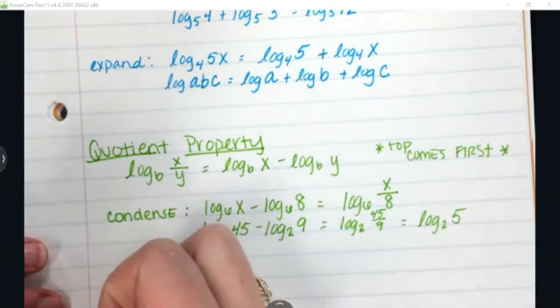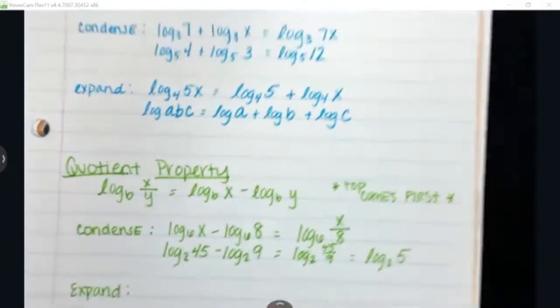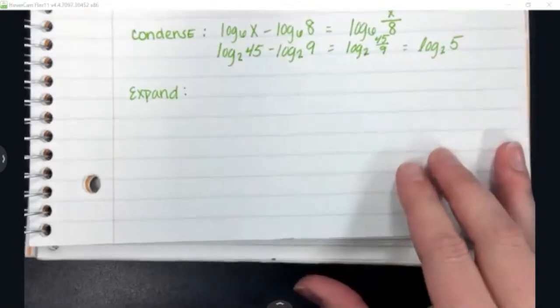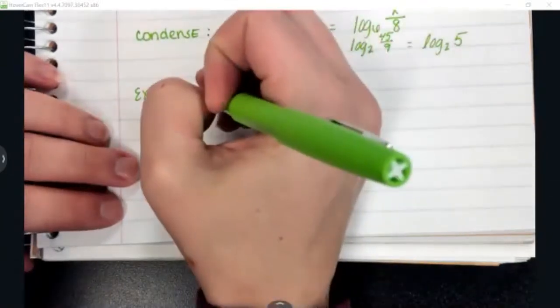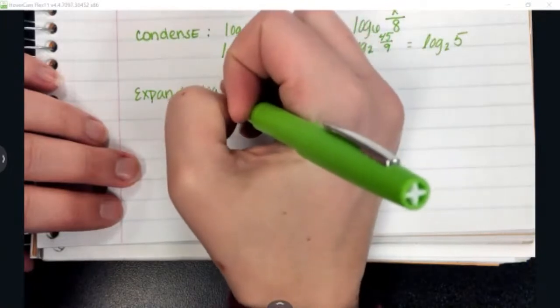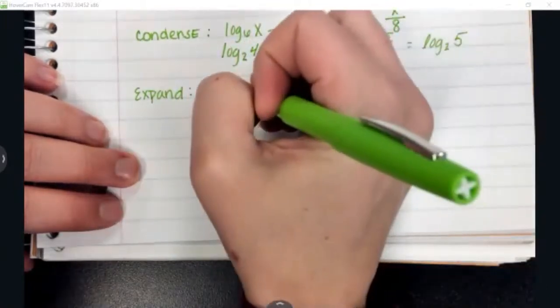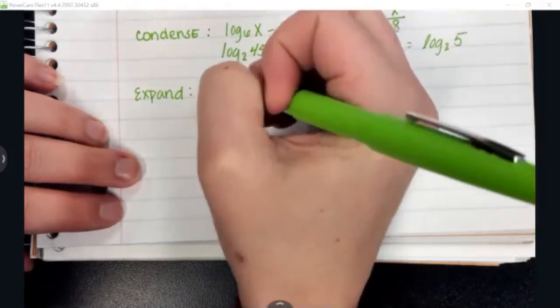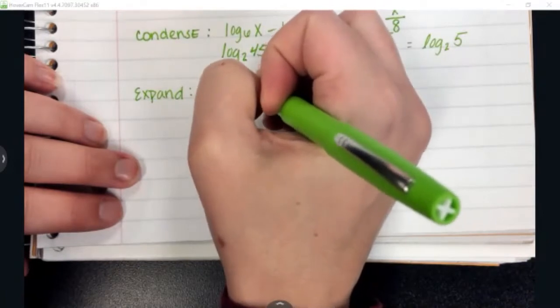Let's do two expand problems. I'll move my stuff up just a second. Okay, so I'm going to expand, which means I need more than one log. So if I have log base 3 of x divided by, we'll say y.